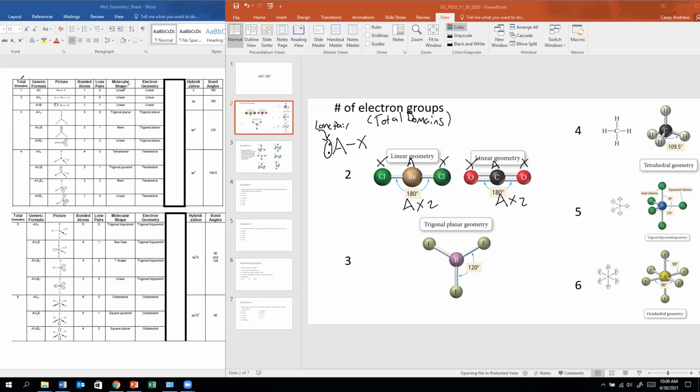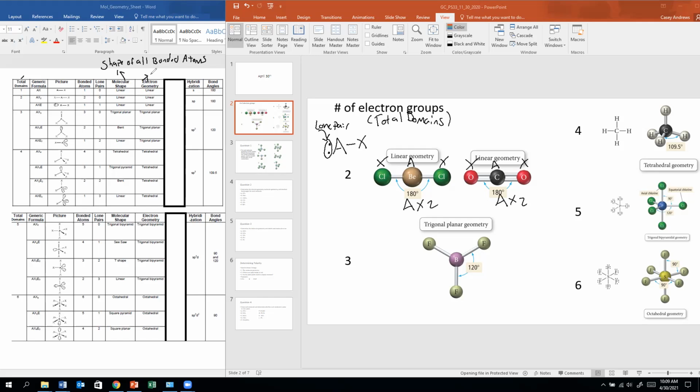The molecular shape and electron shape, right? Let's talk about these. The molecular shape is the shape of all bonded atoms. What I mean by that is when you look at the structure and you're just looking at the atoms that are present, like the atoms you can see, what shape does this molecule make?